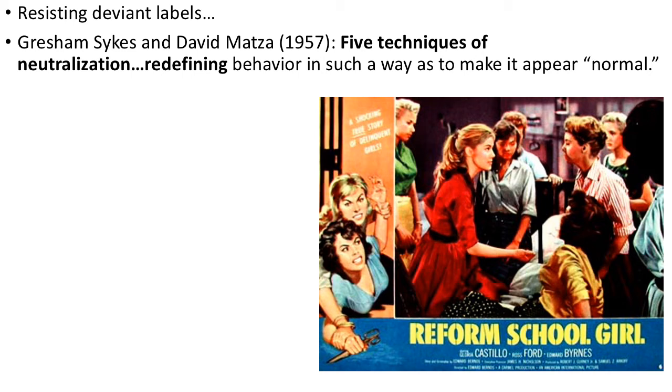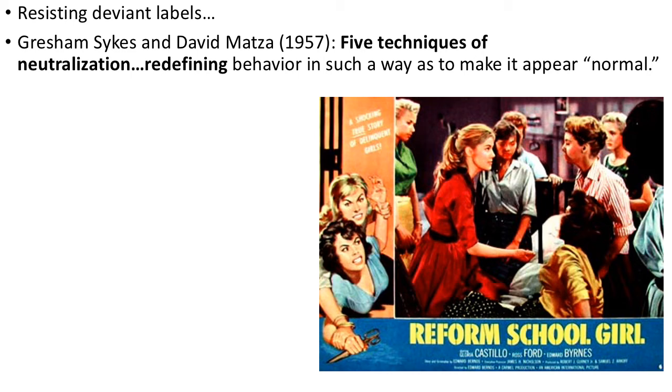Rebel Without a Cause is maybe one of the more famous ones. Blackboard Jungle and others. So juvenile delinquency was the big topic of conversation both in academia and in popular culture around the time that Sykes and Matza were studying these juvenile delinquents and interviewing them.